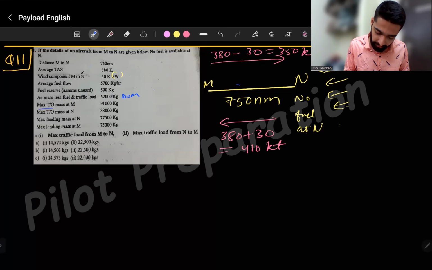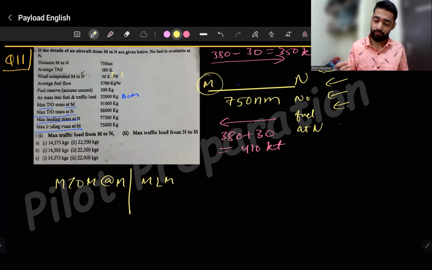This is my maximum takeoff mass, and this is my maximum takeoff mass at M. This is at N, maximum landing mass at N, maximum landing mass at M. So first I will find out maximum takeoff mass, MTOM, at M, because we are starting from M, right? We have to go from M to N. So maximum takeoff mass, I will take from maximum takeoff mass at M, and maximum landing mass.